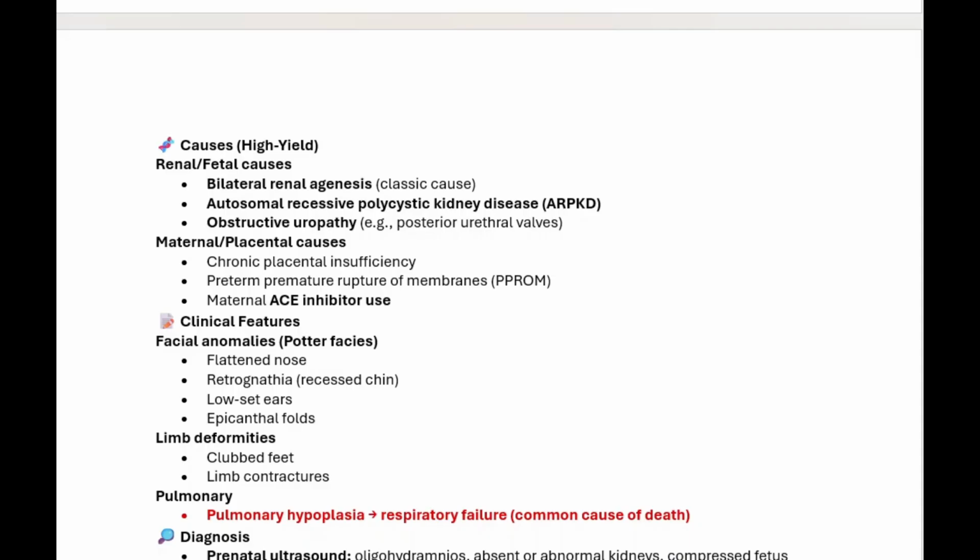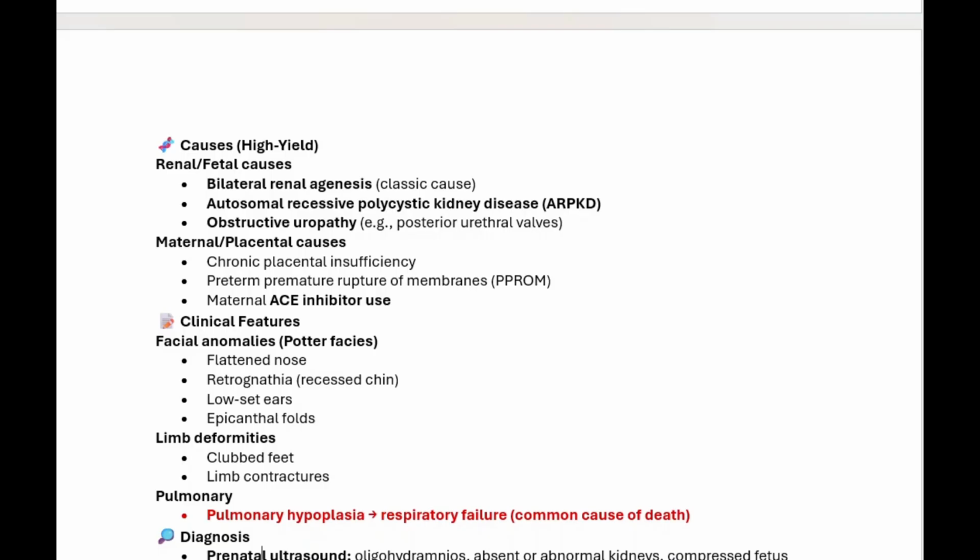If there's autosomal recessive polycystic kidney disease, like we mentioned, in those patients they also have associated hepatic fibrosis and hepatic cysts. So that could be declared for you on the exam. That could also lead to oligohydramnios and Potter sequence. Obstructive uropathy, like a patient who has posterior urethral valves in a male, could also lead to oligohydramnios, and that could lead to Potter sequence.